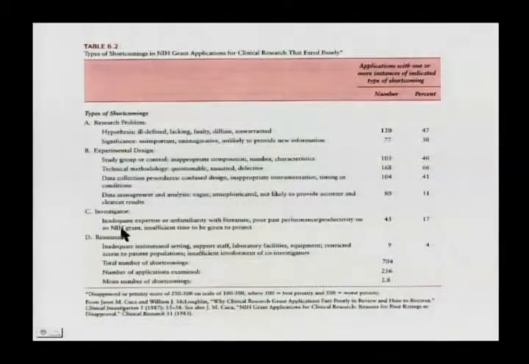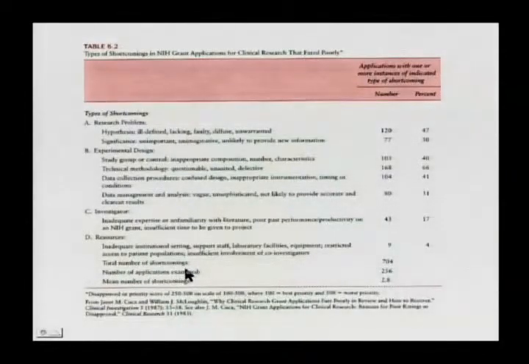For the investigator, inadequate experience or unfamiliarity with literature, poor past performance productivity on an NIH grant, insufficient time to be given to the project proposed, resources, inadequate institutional setting, support staff, laboratory facilities, equipment, restricted access to patient populations, insufficient involvement of co-investigators.